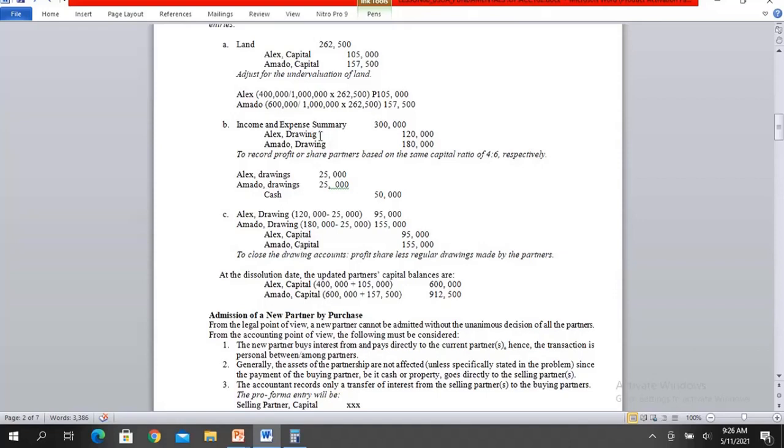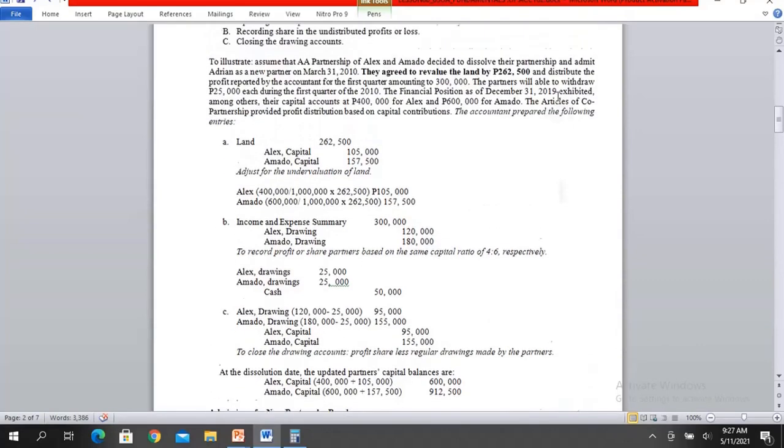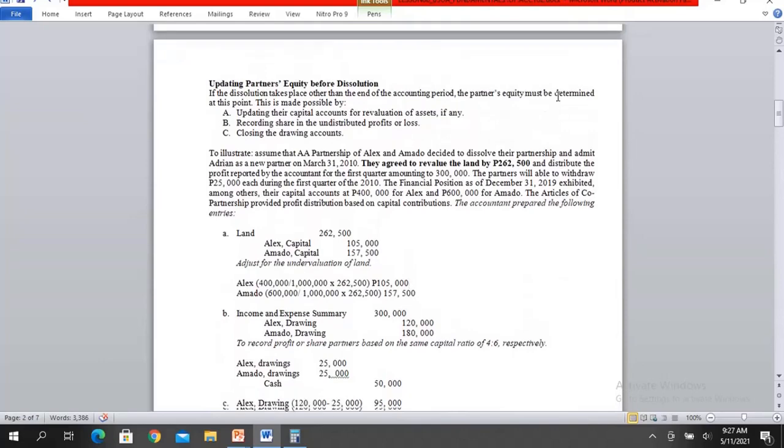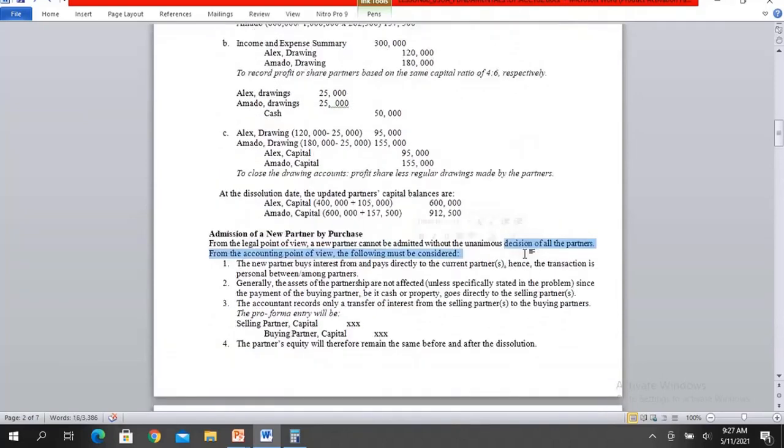Kasi itong B na transaction, ito din yung nandito sa C. So, clinose lang natin itong B transaction dun sa C transaction. Ayan. Ganun lang, guys. Ang mag-close or mag-update ng capital contribution or partner's equity before or at the dissolution date.